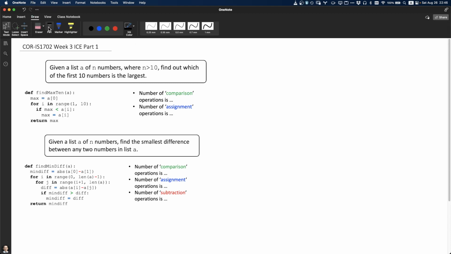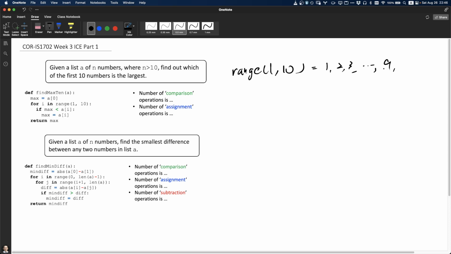We know from last week when we went over the for loop in Python, range 1 to 10 generates the sequence 1, 2, 3, all the way until 9. So in total, you will have 9 items, which means that if you focus only on the comparison operation, it should be executed exactly 9 times.